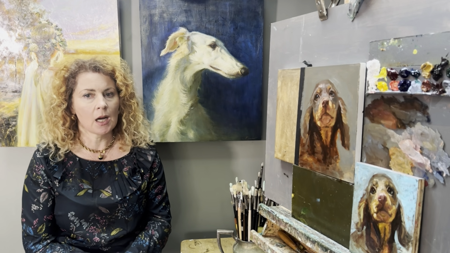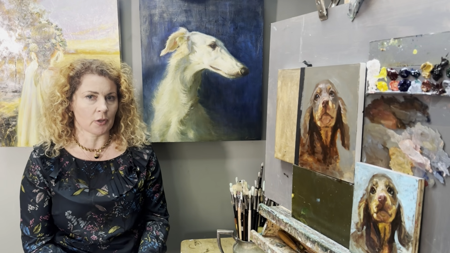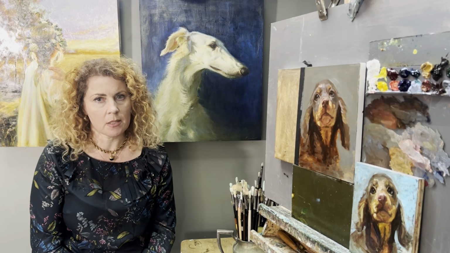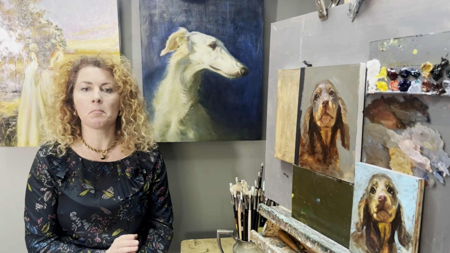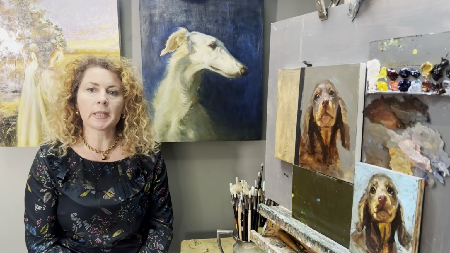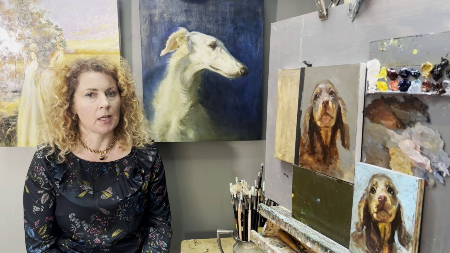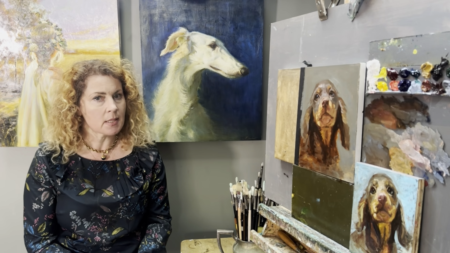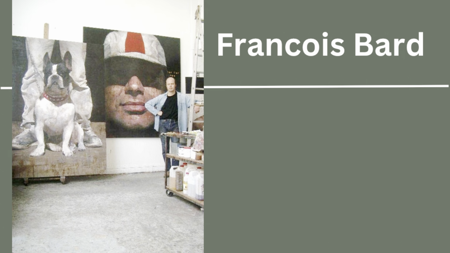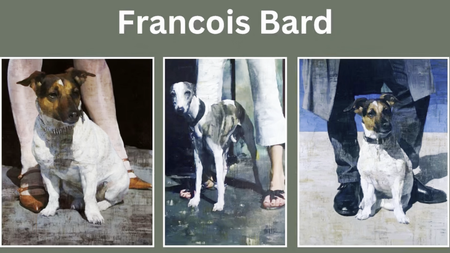And finally, I'd like to bring us full circle. In early times, dogs were painted as symbolic props, included alongside people to help tell their stories. In contrast, in this series of works by Francois Barthes, the contemporary French painter, the roles are reversed.